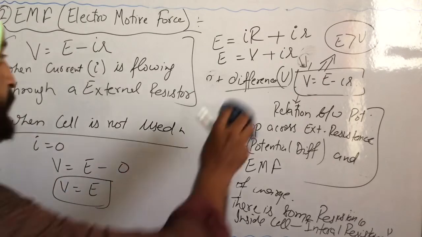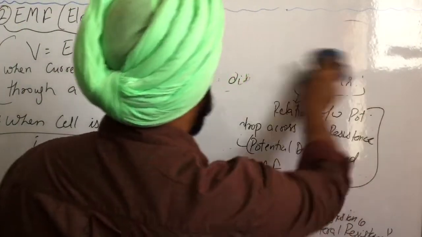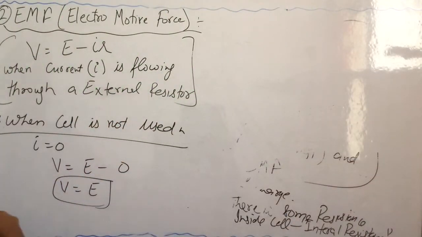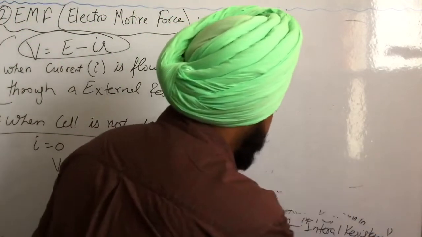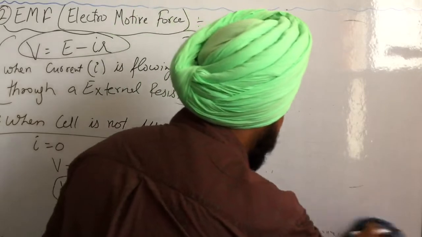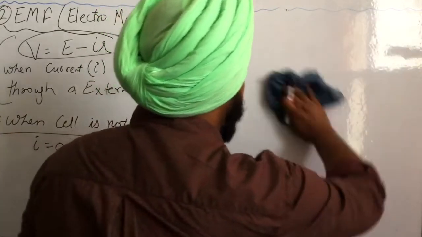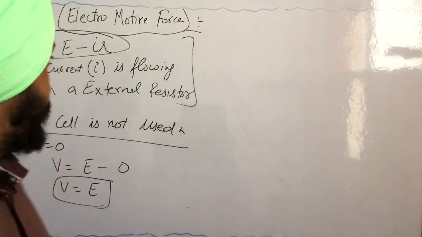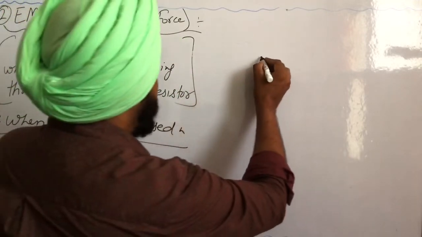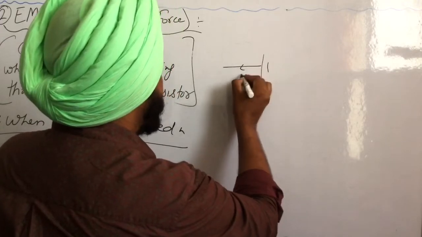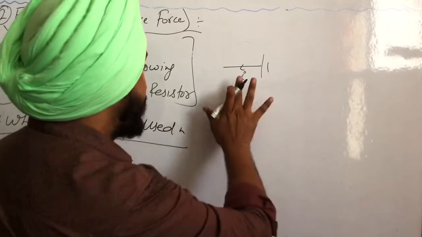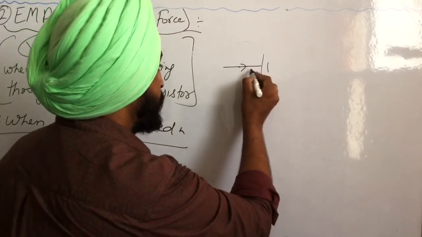There is another case which I need to discuss with you, that is what is this expression when cell is charging? When we charge a cell, like when you are charging your mobile's battery, because when we are using it, the current is flowing in this direction, but when we will be charging it, the current will be flowing in opposite direction.